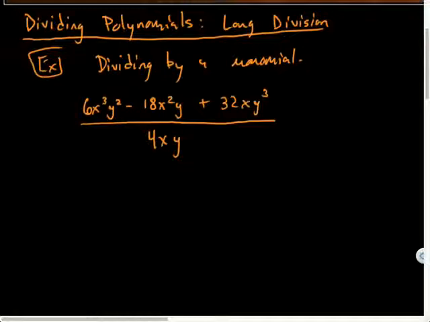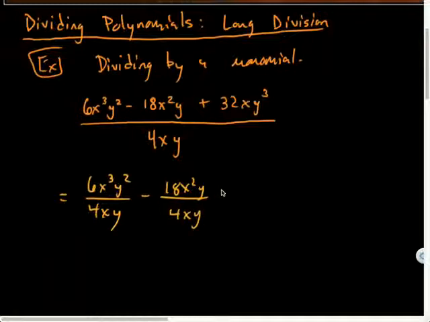Let's write this as 6x cubed y squared over 4xy minus 18x squared y over 4xy plus 32xy cubed over 4xy.